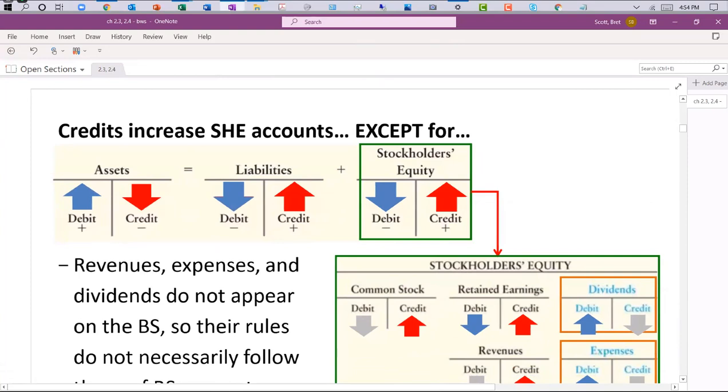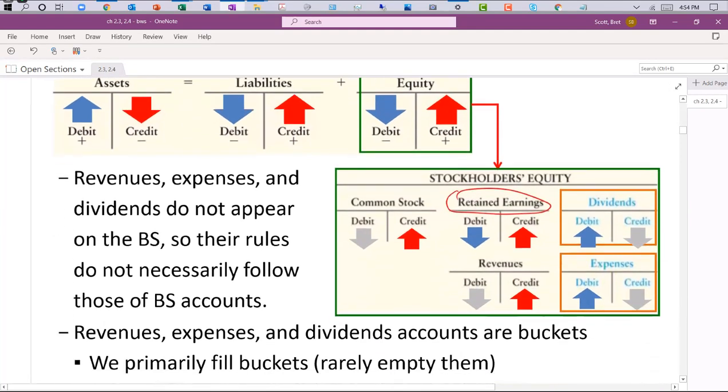One thing to keep in mind with regard to stockholders' equity is the retained earnings account, and in particular, the different buckets we use to track changes in retained earnings, namely dividends and expenses and revenues. Generally speaking, stockholders' equity accounts increase with credits. Retained earnings, therefore, follow that rule.